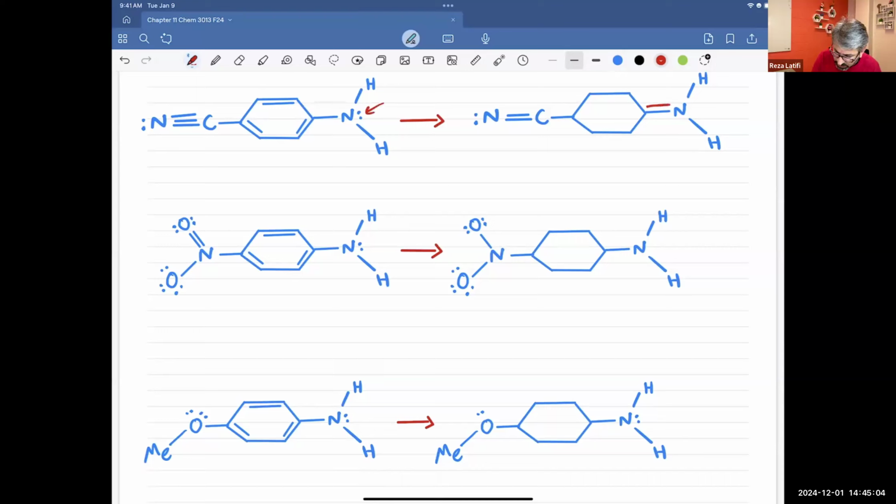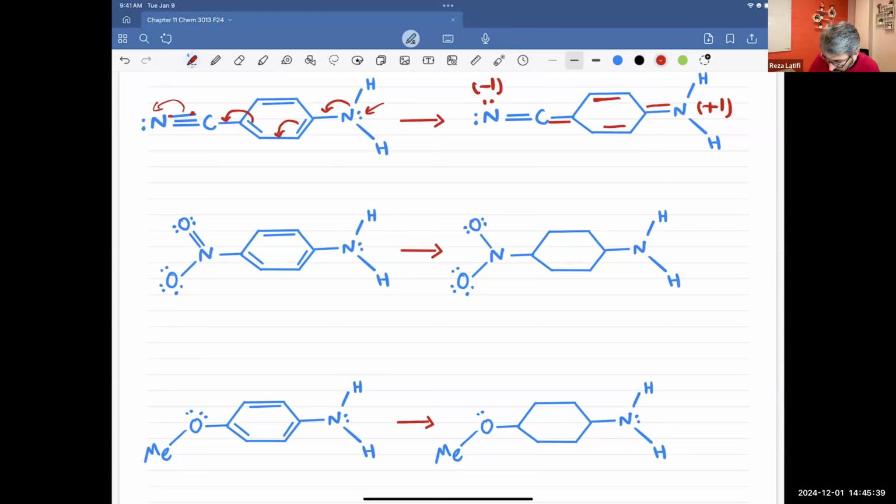If that happens, I get such a structure, and also here I can have a double bond. So I took this lone pair, shared it here, moved this one there, moved this one here, and those two electrons I gave to nitrogen. Now I have a negative charge on nitrogen, so this nitrogen will be -1, while the other nitrogen will be +1. So we moved the electron density from the nitrogen of the aniline and gave it to the CN. So I'm going to say the basicity went down.